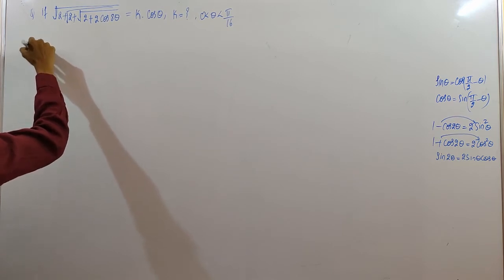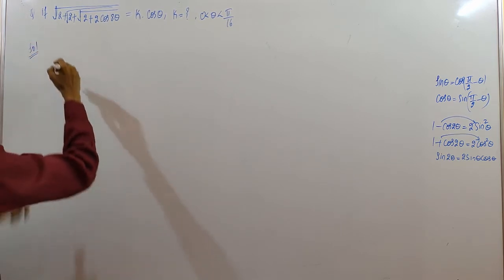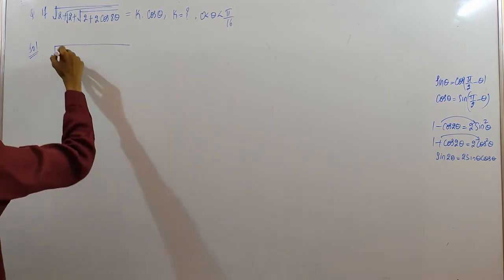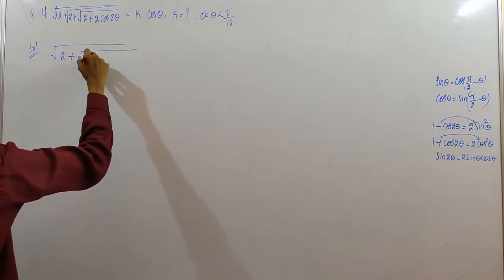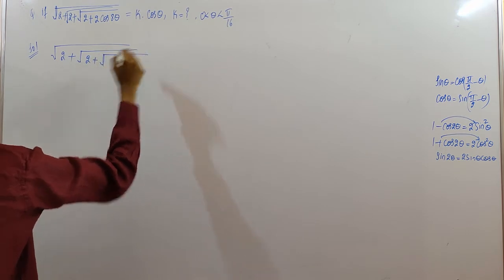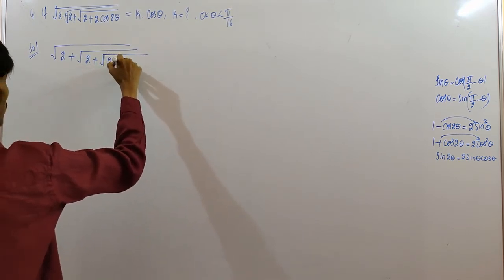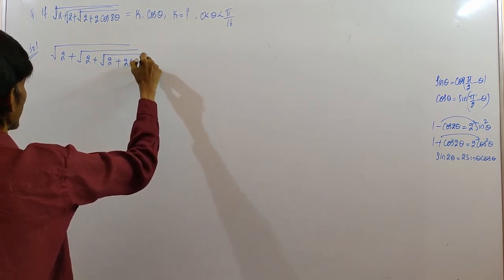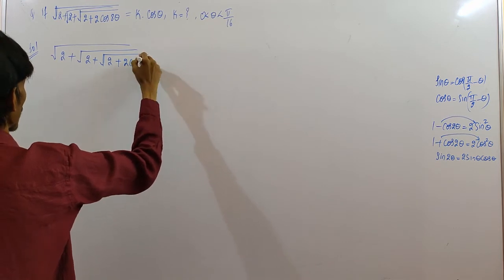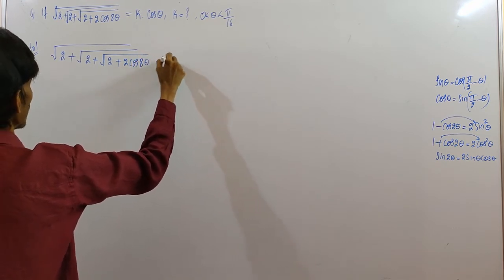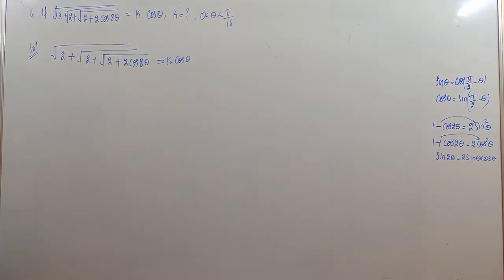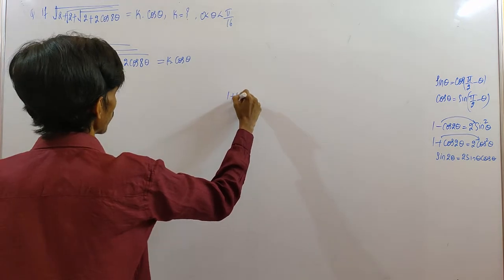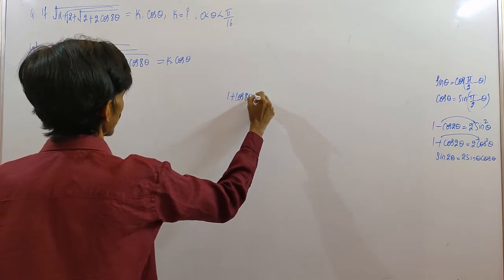Given root 2 plus root 2 plus root 2 plus 2 cos 8 theta equals k into cos theta, find the value of k. Here take 2 common, it will become 1 plus cos 8 theta.